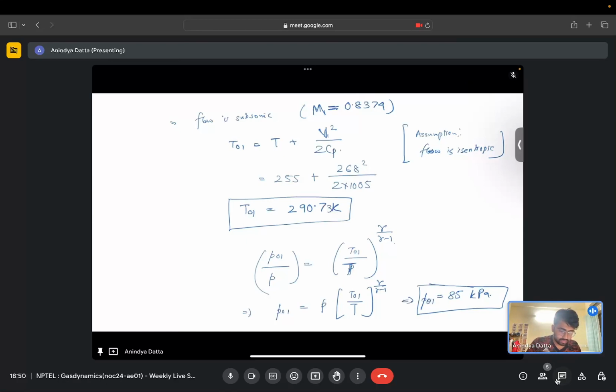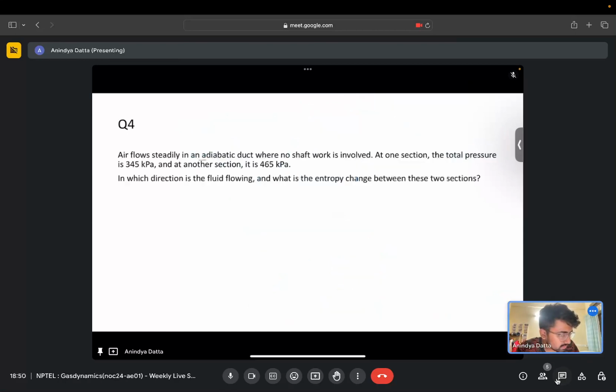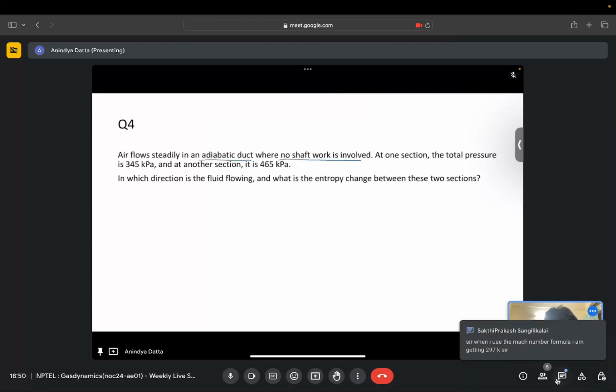Okay, now moving on to the next question. Air flows steadily in an adiabatic duct. Adiabatic means there is no heat transfer and no shaft work is involved. At one section the total pressure is 345.